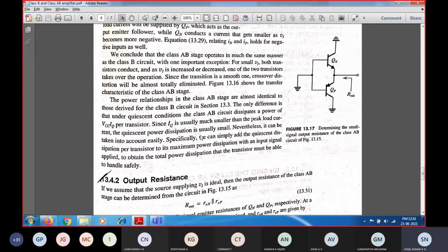The only thing is the circuit diagram and how we are going to avoid the crossover distortion.